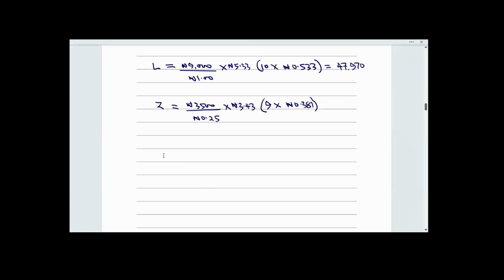So whatever you have in your calculator, 48,020 naira, divided by 0.25. Use whatever you have in your calculator, the full number. That will give you 48 million and 6,000 naira.